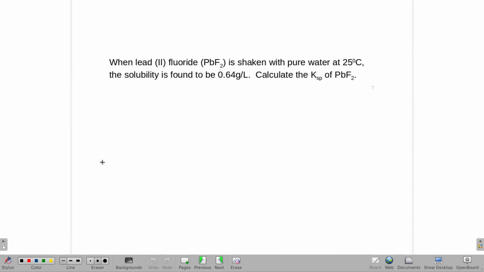Alright, let's do that again. Slightly more complex one. Got lead fluoride, which is one of those that back in Chem 1 we would have said was insoluble. But it turns out it's slightly soluble. 0.6 grams per liter. Alright, so we're going to do the same type of thing with that 0.6 grams per liter. We're going to turn that into moles per liter. So we're going to start with the molecular weight of lead fluoride.